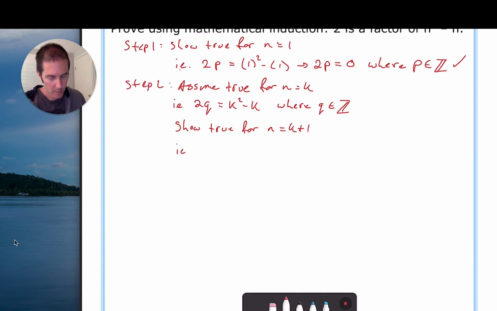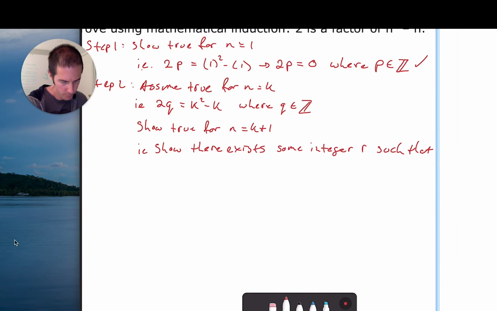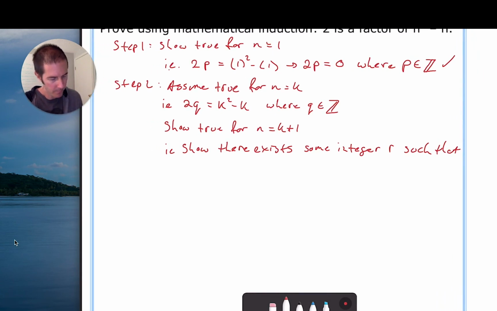In other words, show there exists some integer, I'm running out of letters, p, q, r, some integer r, such that 2 times that integer r will equal k plus 1 squared minus k plus 1.